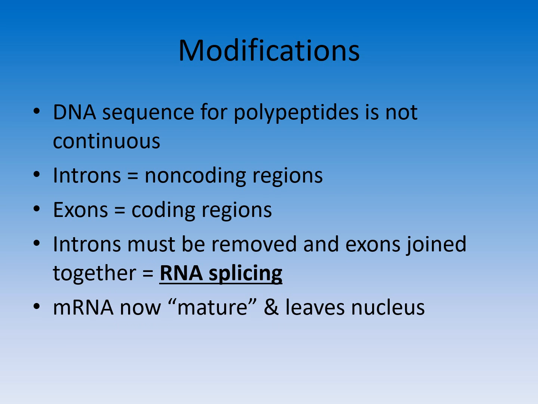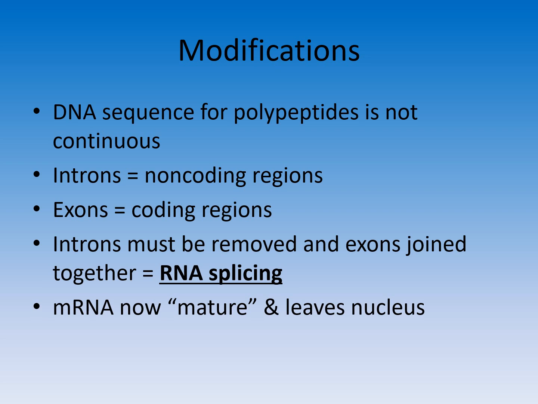Now there's some other modifications that also have to occur once you've added the cap and the tail. This only occurs in eukaryotic cells, just so you know. You just read the DNA and copy the segment that you were told from point A to point B, which is from promoter to terminator. You read the whole thing of the DNA. Now you may not need all of that DNA. There are certain regions within there that we call non-coding regions.